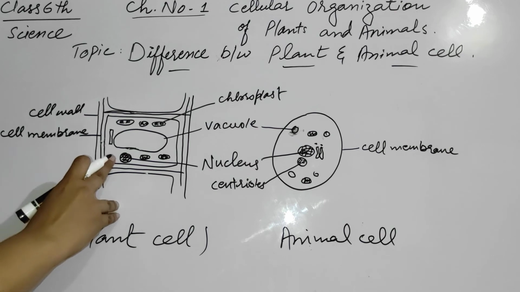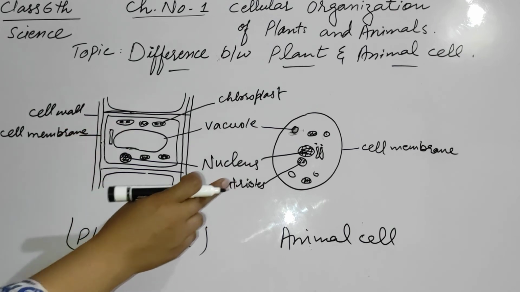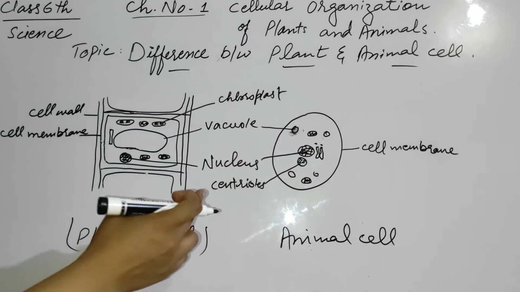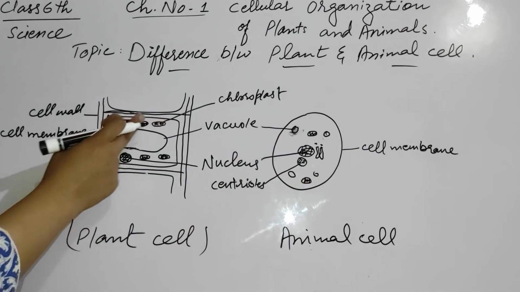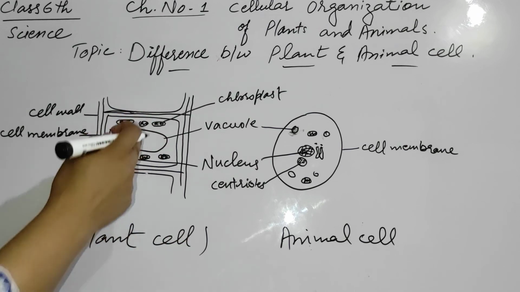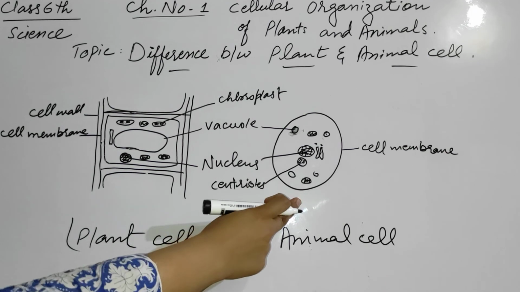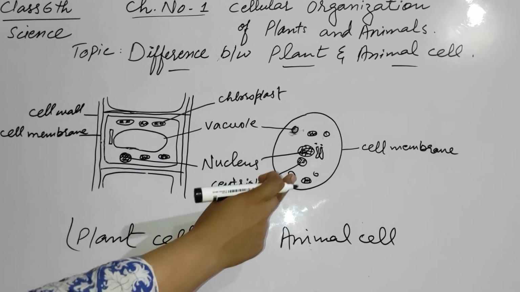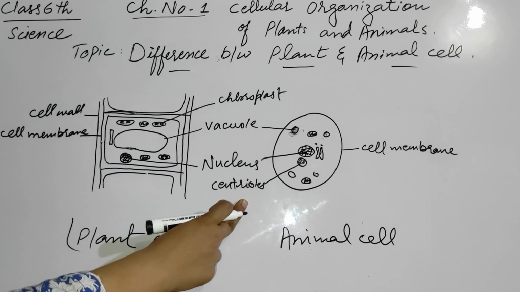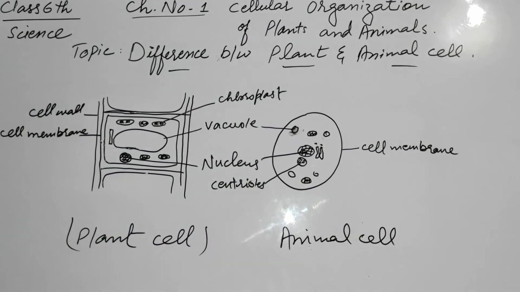The nucleus lies near the side of the cell wall because of the large vacuole, and in the center in the animal cell. Chloroplasts, which help in photosynthesis because chlorophyll is present, are in the plant cell, not in the animal cell. In the animal cell, structures called centrioles are present which help the process of cell division. Okay students, these are the differences between a plant cell and animal cell.